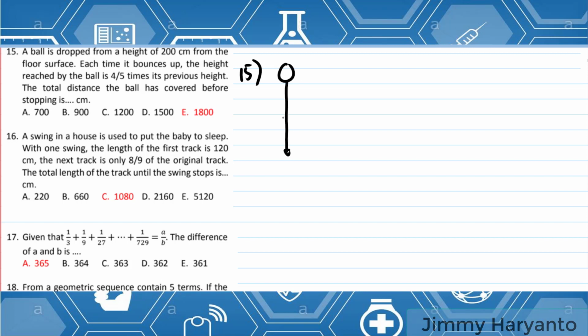So the ball is dropped from a height of 200 centimeters, and then it bounces up 4 over 5 times. Okay, we need to calculate this one. 4 over 5 times 200 equals 160 centimeters. So this one is 160, this one is also 160.